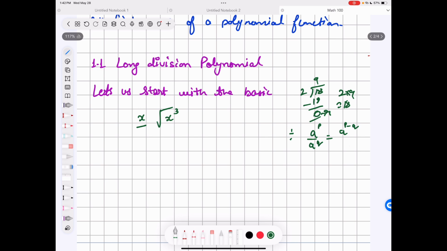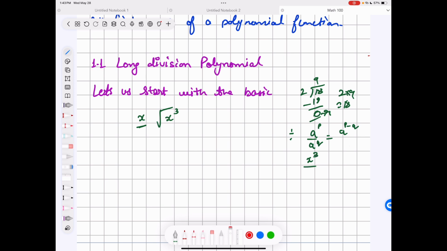So a is our x here, x to the power 3, and then the divisor is x by itself. So we are going to divide this.